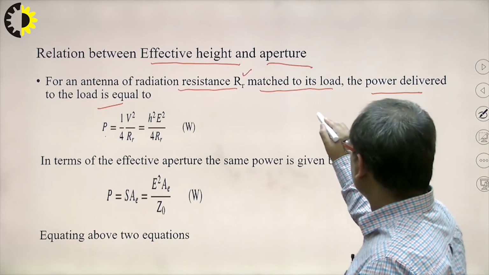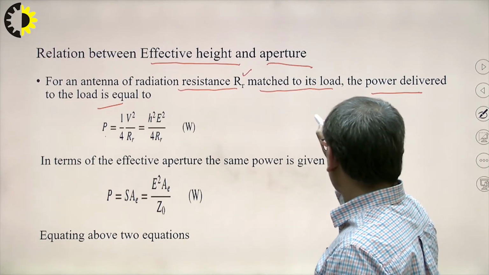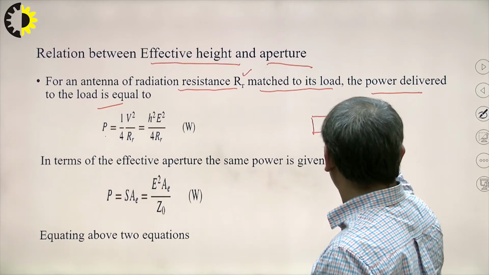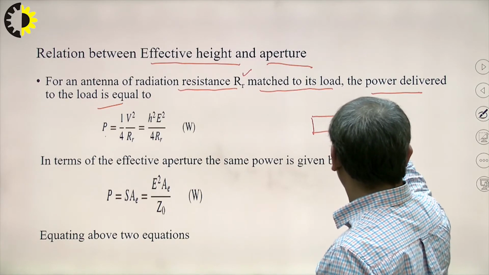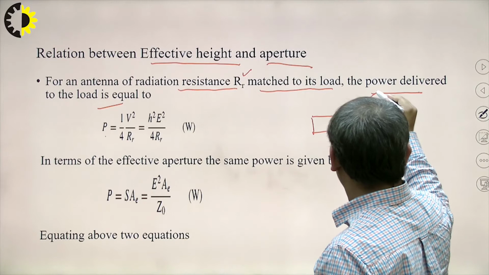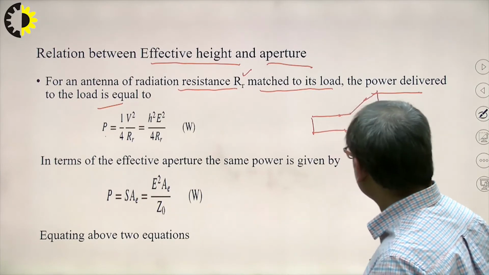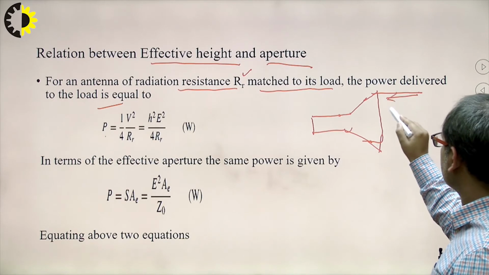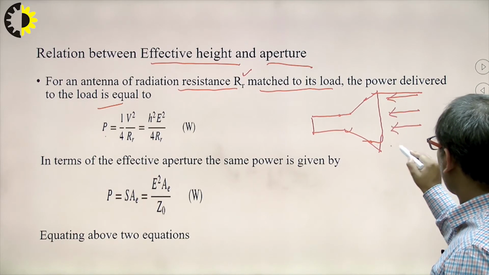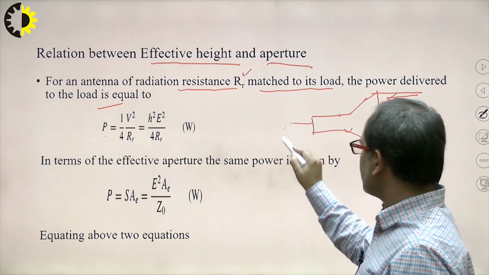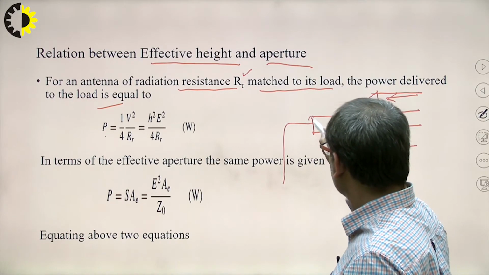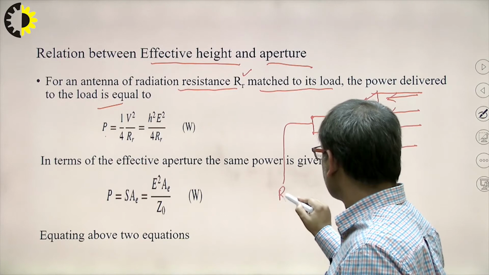Let's say this is a horn antenna, waves are incident on this and these are the antenna terminals, this is connected to the what?